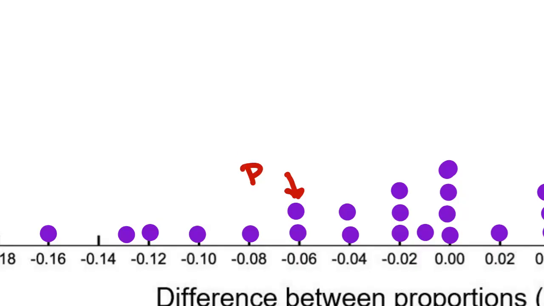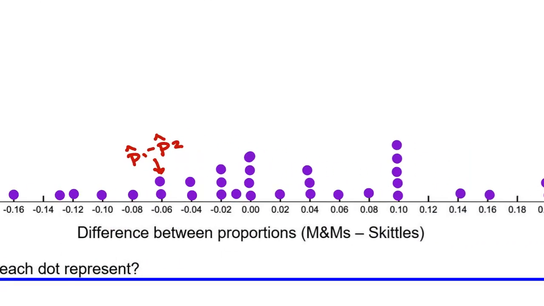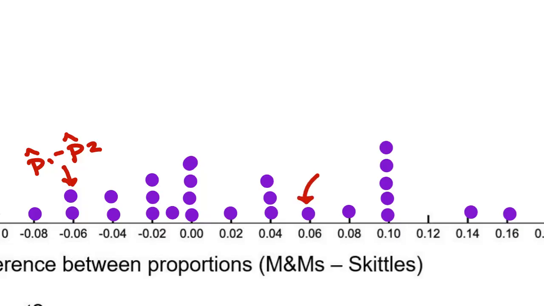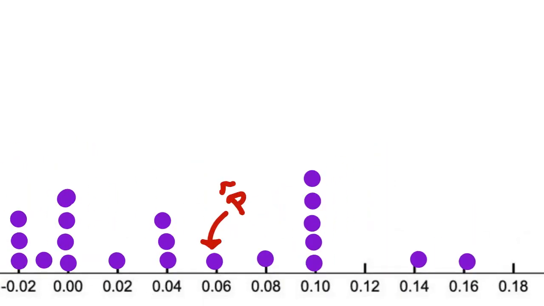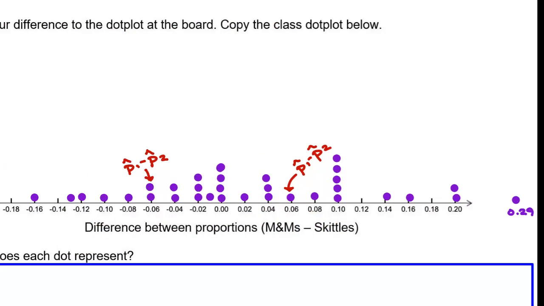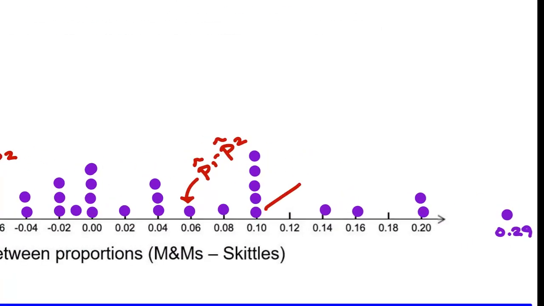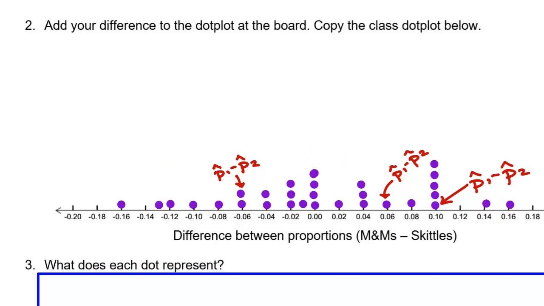Each one of these dots is a different p hat 1 minus p hat 2. So how do we word that? Exactly like that, each one is a different. Yep, I'm just drawing arrows to them so that I understand that each one of these is a different difference in sample proportions.